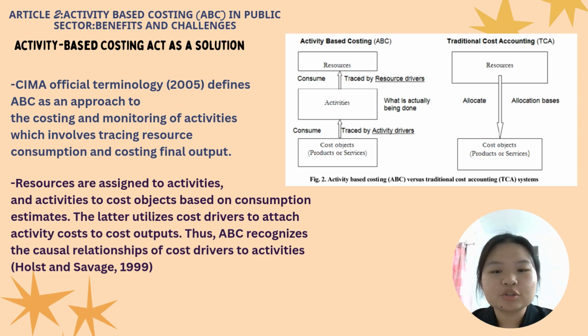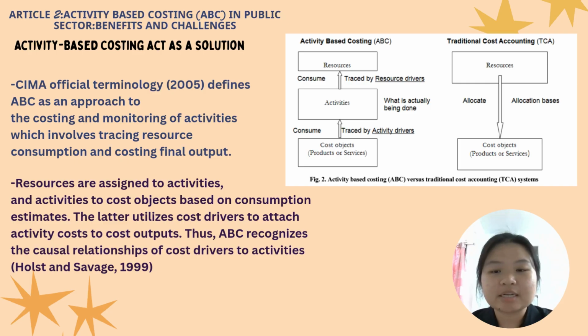Okay, now we're going to talk about how the activity-based costing method acts as a solution. In the first study, the CIMA official terminology says that ABC is an approach to costing and monitoring of activities which involves tracing resource consumption and costing final output.